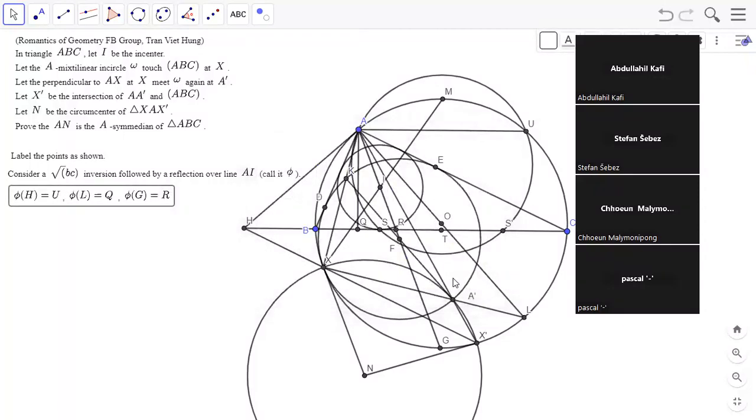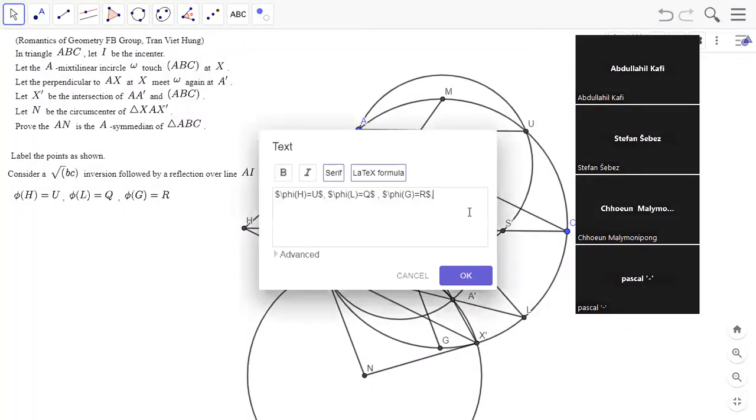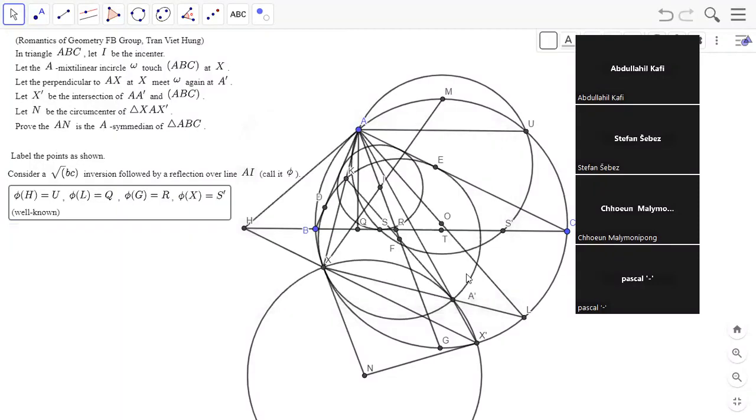So those all get... yeah, and X goes to S prime. And we know that that's well known. And so then we're going to show, so F is the midpoint of AK prime.